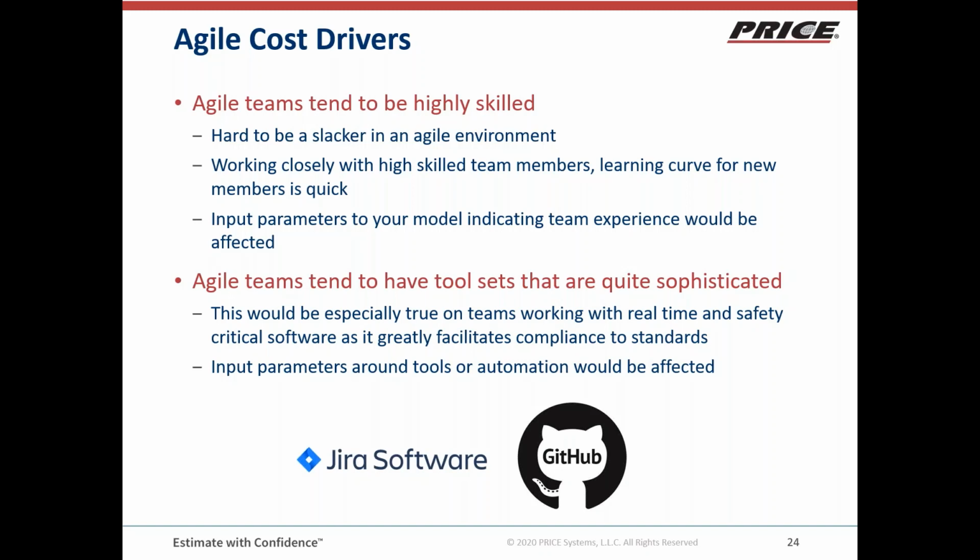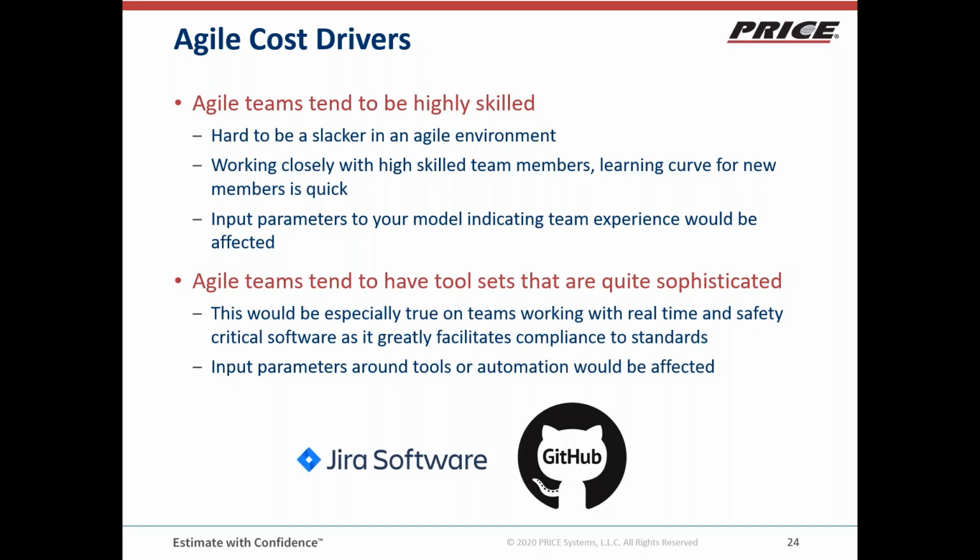So some of the things you want to think about: Agile teams tend to be highly skilled. If you are working in a co-located environment and you're working on a team that's determined to get this week's iteration done, and you're a slacker, you're not going to last long in that environment.